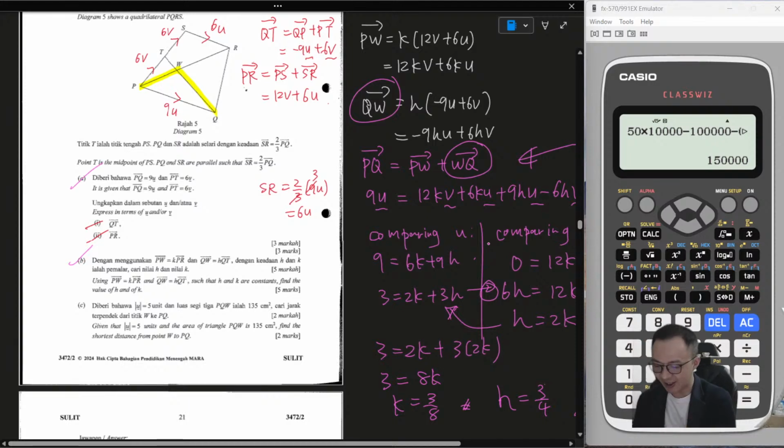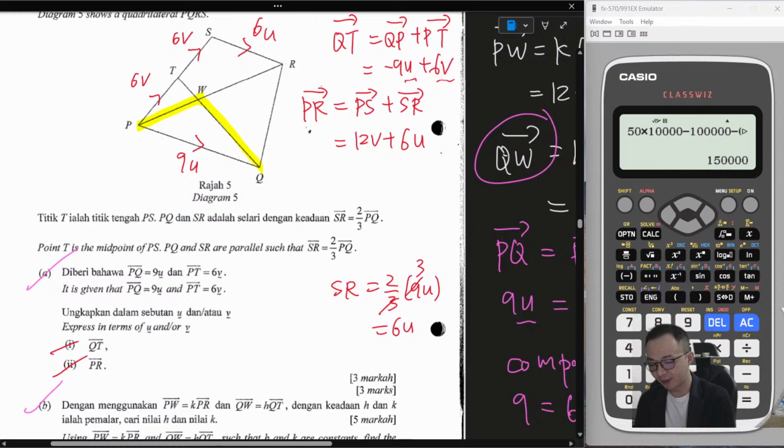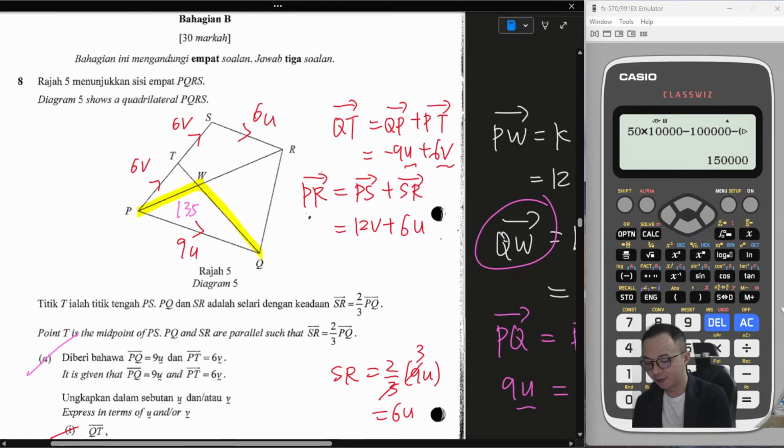Okay, lastly, U is 5, and the area of PQW is 135. Find the shortest distance from W to PQ.